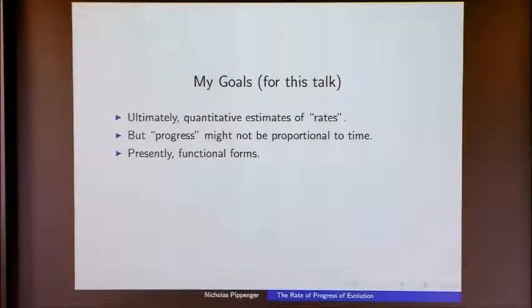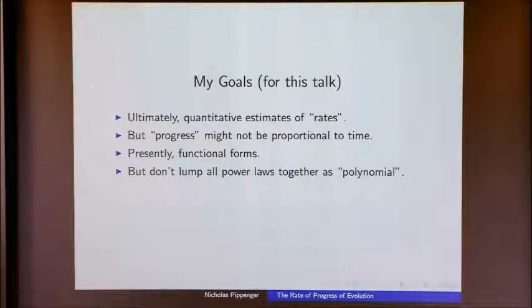It might have some other functional form other than just being proportional to time. On the other hand, I don't want to lump all polynomial rates of growth into one class and be satisfied to say that they're all equivalent to one another.